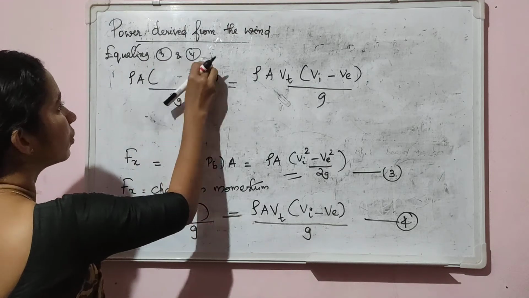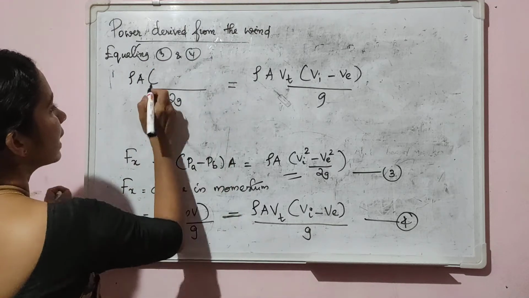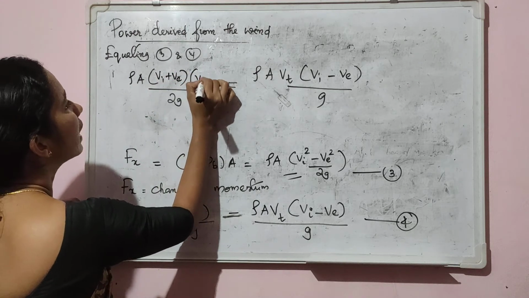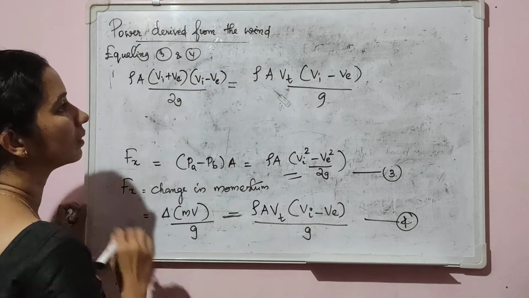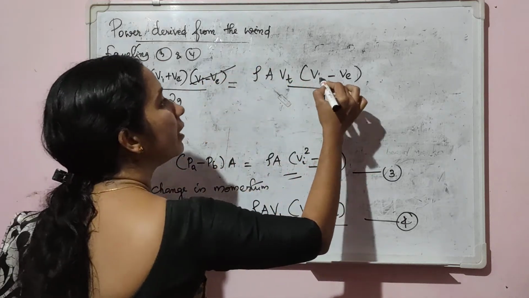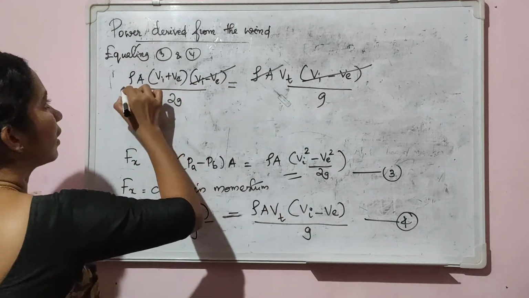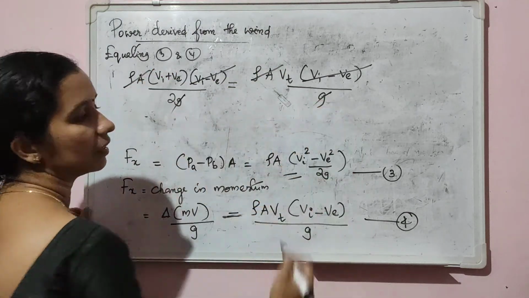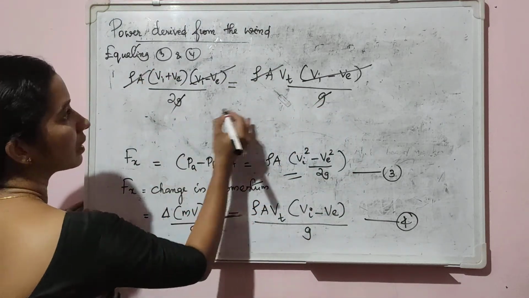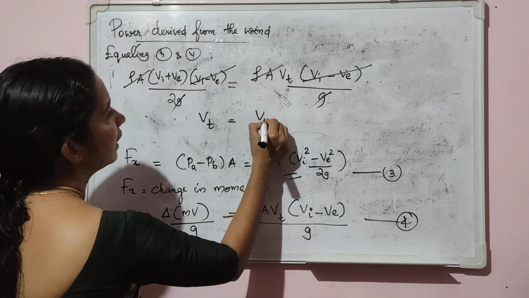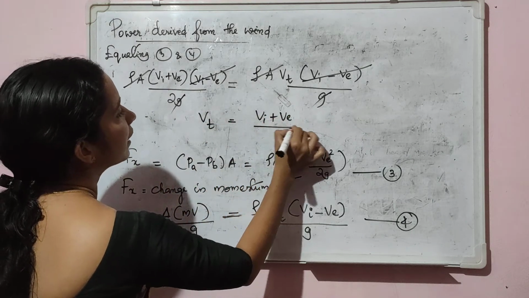So let us denote this term as Vi plus Ve into Vi minus Ve. So this Vi minus Ve and this Vi minus Ve get cancelled. Similarly, rho A, g, g. So what remains is Vt is equal to Vi plus Ve divided by 2.